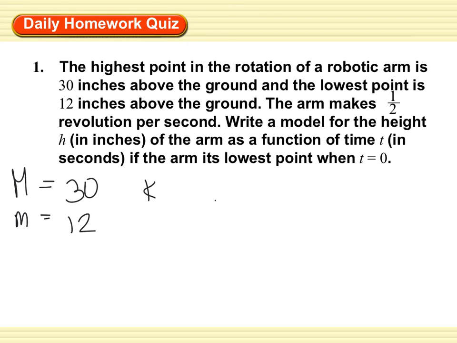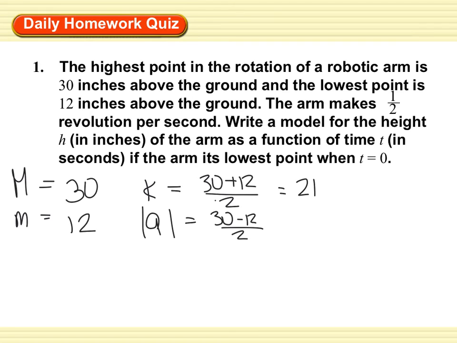So our k value is going to be 30 plus 12 over 2. That's 42 over 2, so 21. I can do our amplitude because it uses the same values. I have 30 minus 12 over 2. It's going to be 18 over 2, which is 9.